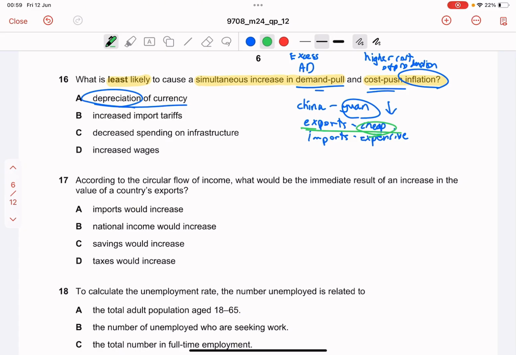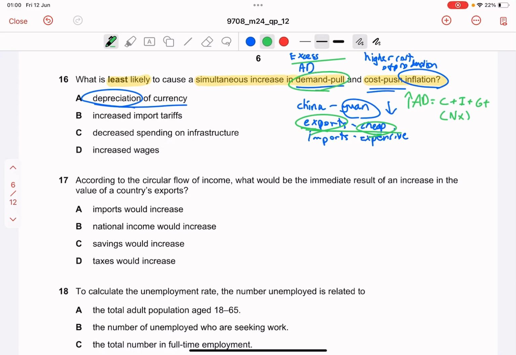The components of aggregate demand include consumption, investment, government spending, and of course, net exports, which can be found by exports minus imports. So if the value of exports increases, the value of aggregate demand will increase. That can cause excess aggregate demand, so yes, that can cause demand pull inflation.